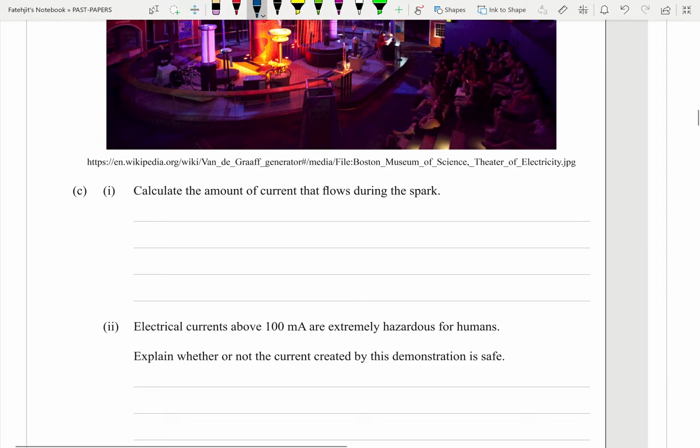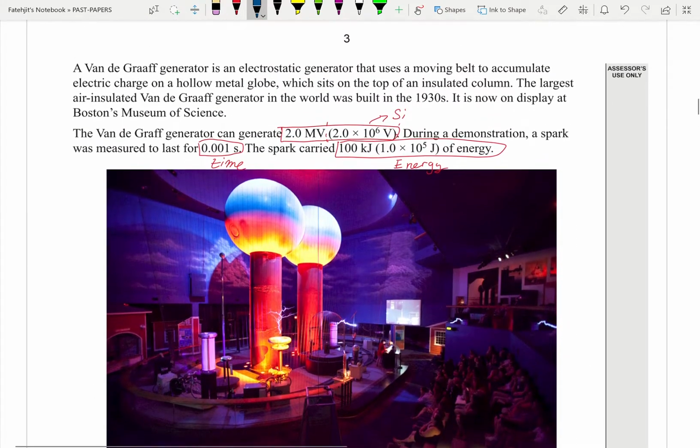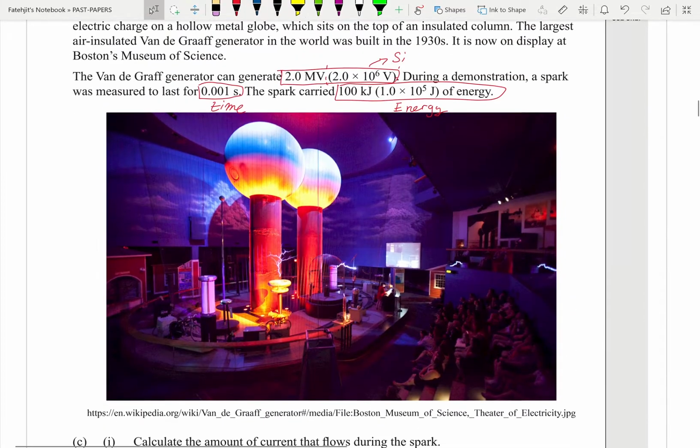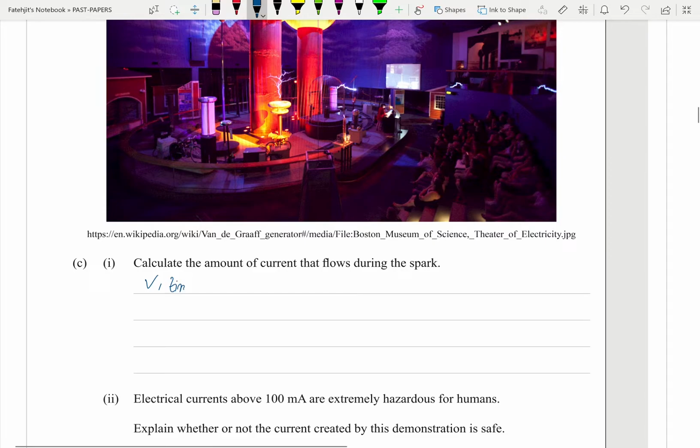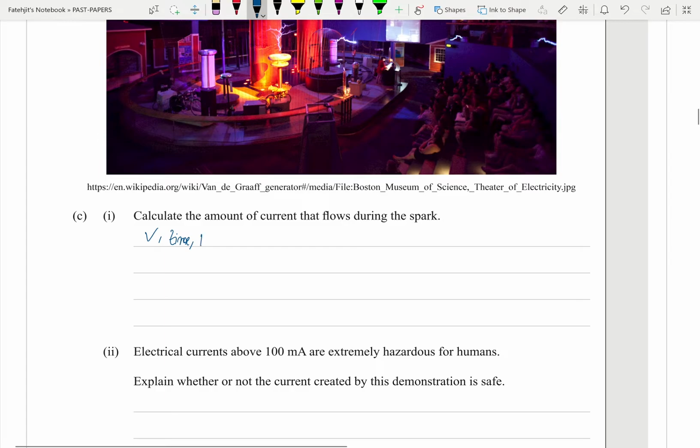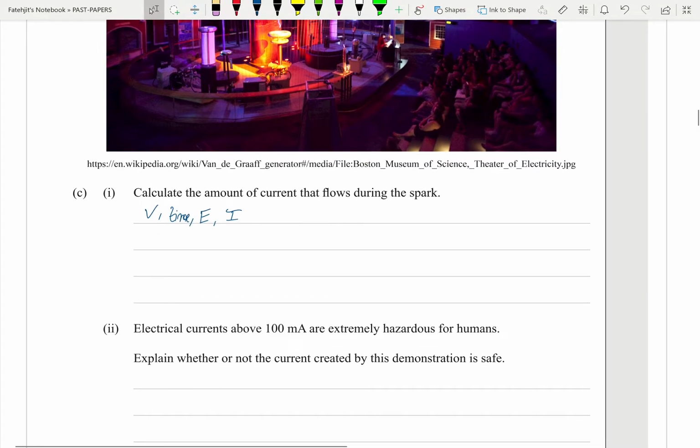Okay, so we have the voltage, we have time, we have E, which is energy, and we need to find current. The first equation we choose from the formula sheet is P equals E over time, and this will give us the answer for power.